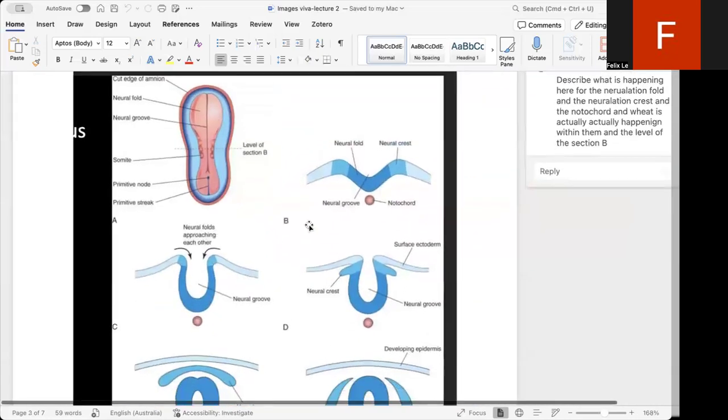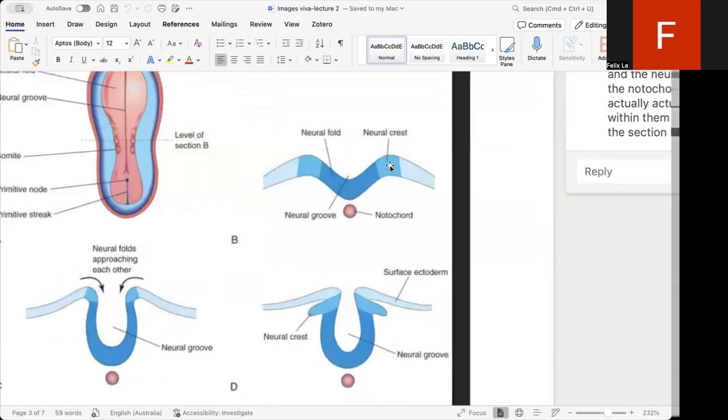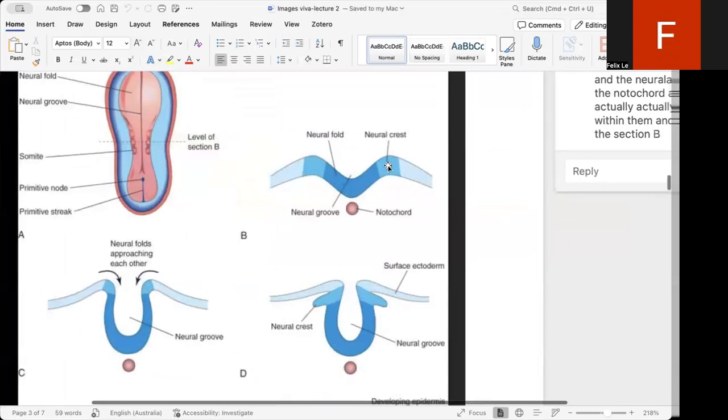As you can see, this is the neurulation stage here. You have two ends here, which are the neural folds, and the neural crest, which is involved in the outer regions of the sections here. Invagination folds, and the notochord can push through the migration.